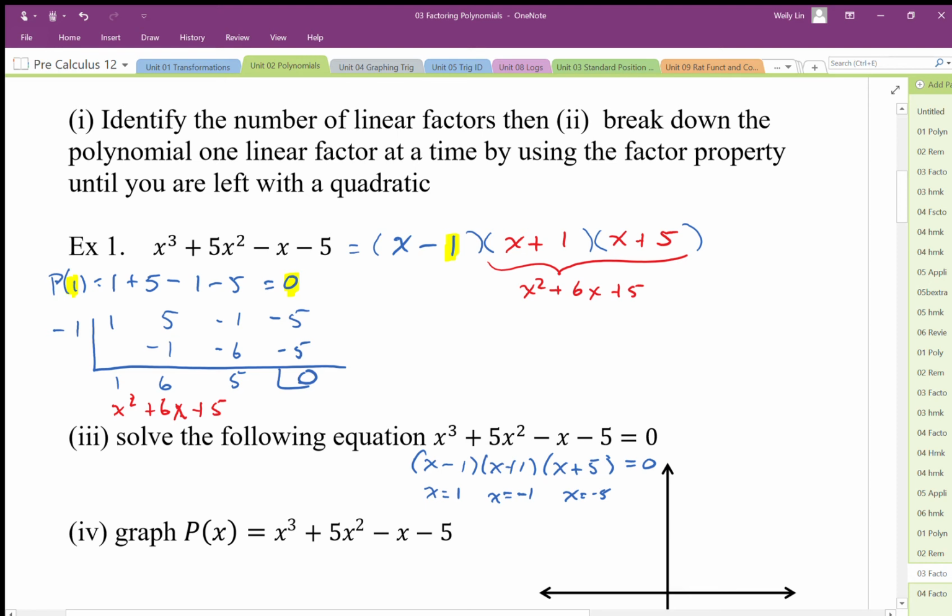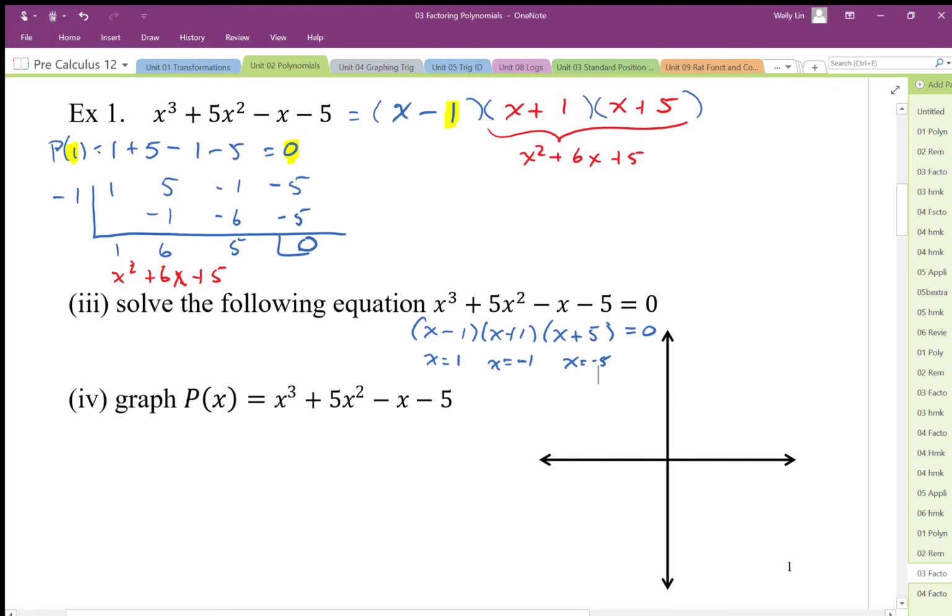Now when I graph the polynomial, if I were asked to graph this, I at least have an idea what the graph looks like, because the factored form tells me that I have a 0 at positive 1, negative 1, and negative 5. So negative 5, negative 1, positive 1.